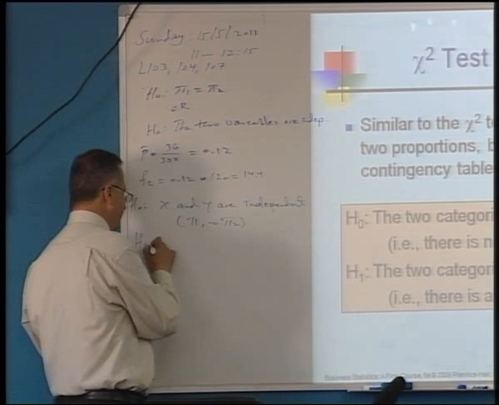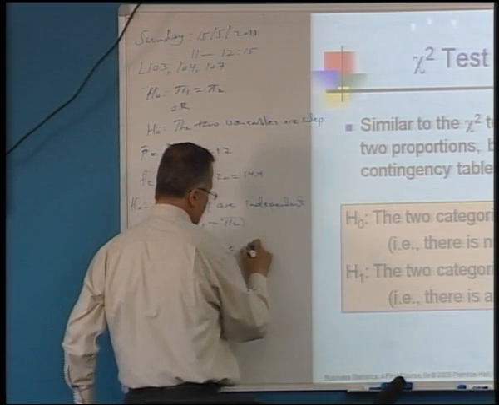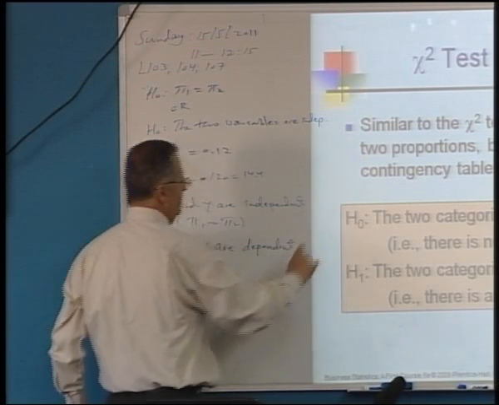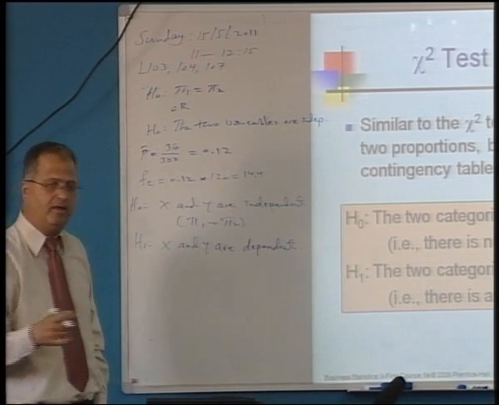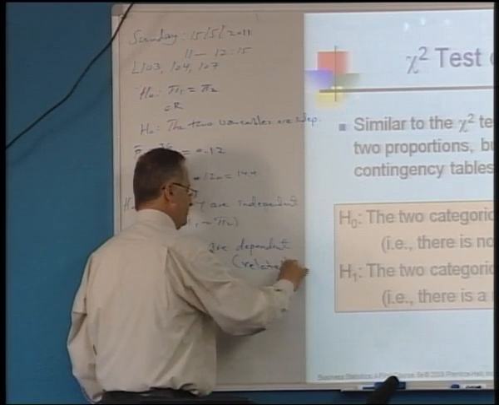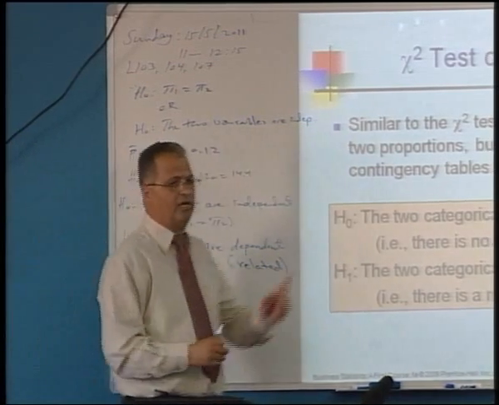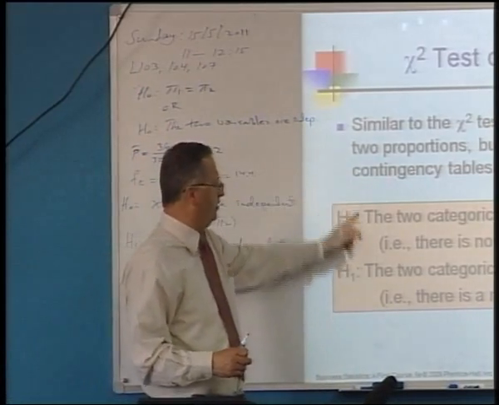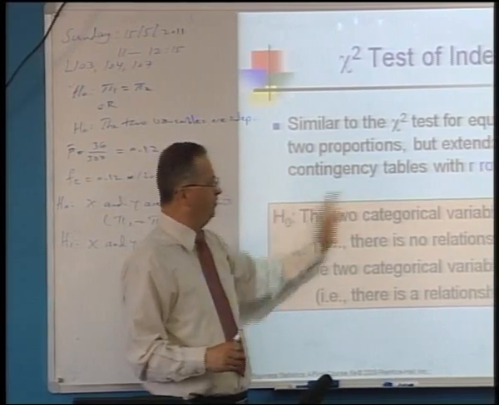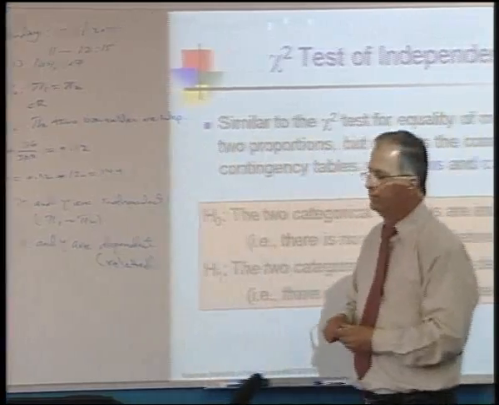Against the alternative hypothesis, either X and Y, you may say that they are dependent. So that means there exists a relationship between them, or they are related. So the chi-square test of independence tests whether or not the two variables are independent. Your null is that the two variables are independent, against that they are not independent.